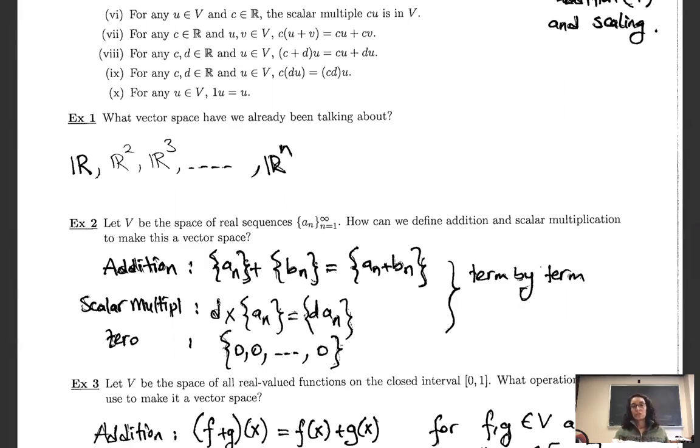For scalar multiplication, d is a scalar and an is your sequence, where an means a1, a2, a3, and so on. You are just multiplying d with every term in your sequence, and you will get this sequence here. And with respect to these operations, the space of real sequences is a vector space. And in this space, the zero vector, or the zero sequence, is given by these zeros.